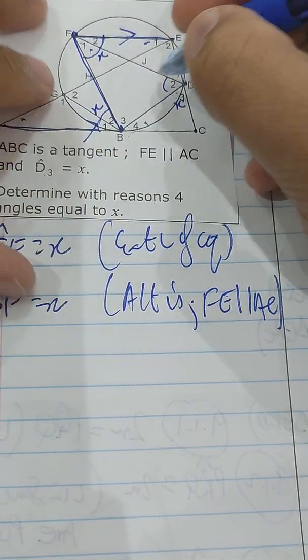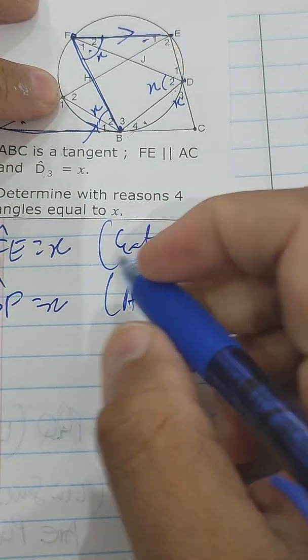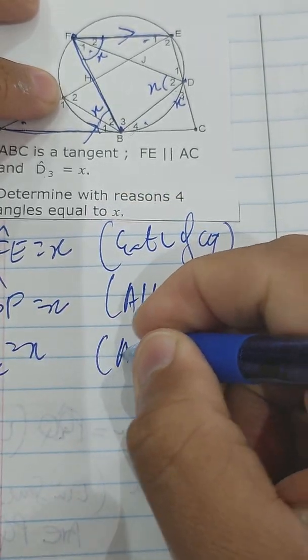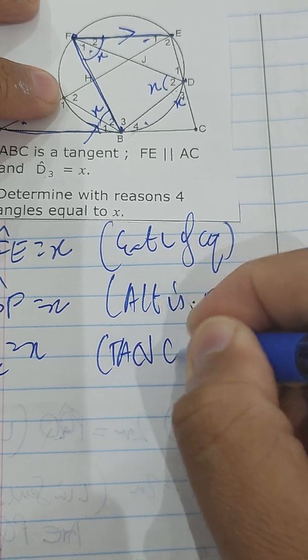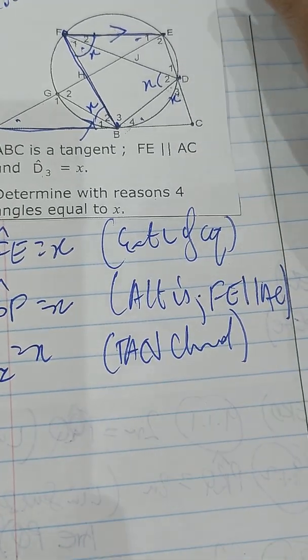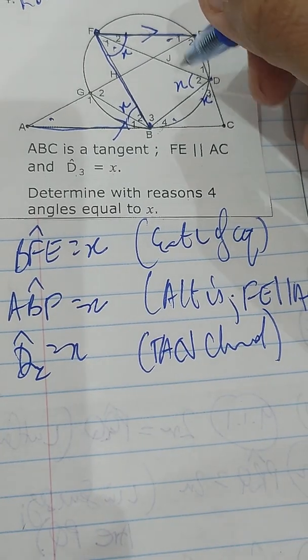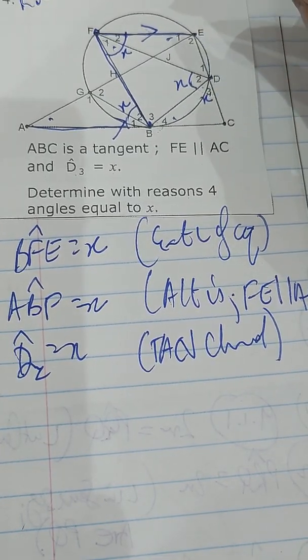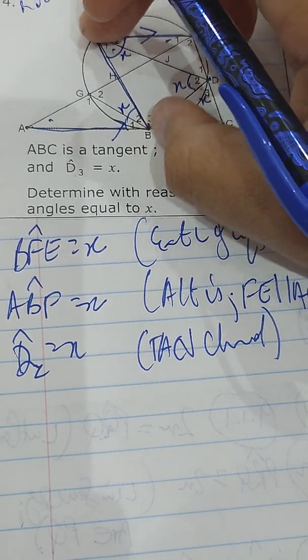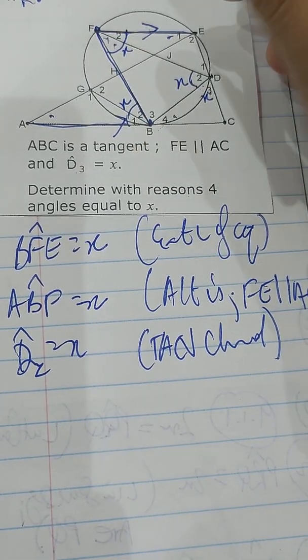Then triangle D2 is x, tan chord theorem. So we need one more angle, and then try and look for angles in the same segment, but that is not evident there.